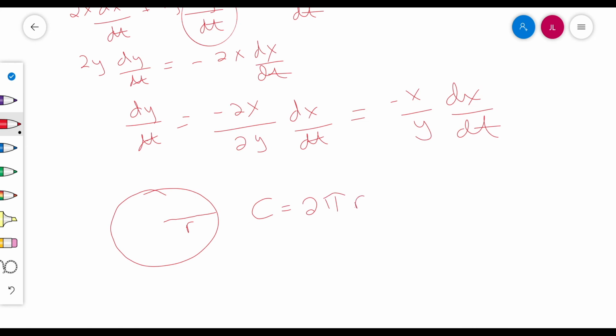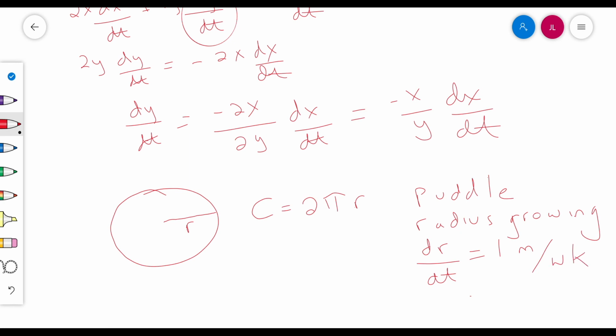And in this situation, I have a circular puddle, and the radius is growing. It's raining. The radius is growing at a rate of 1 meter per week. The radius is growing slowly. It's been a rainy week, though.